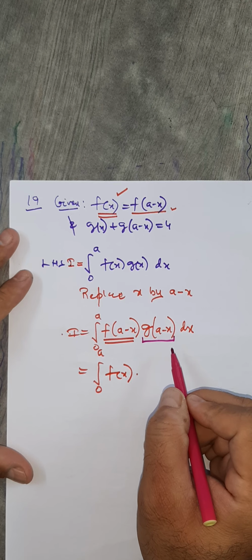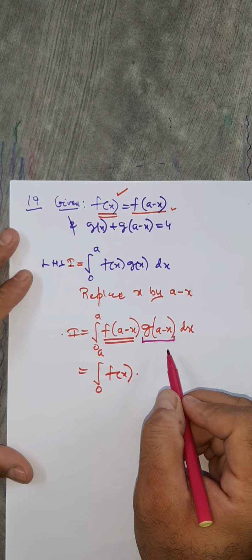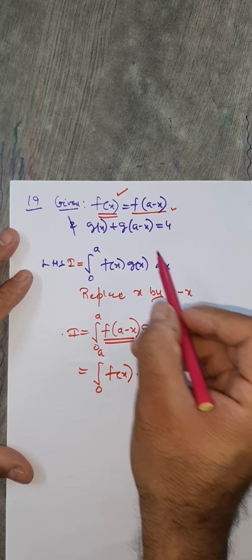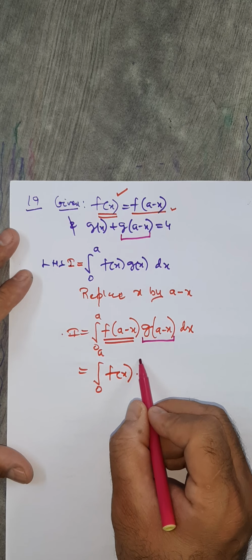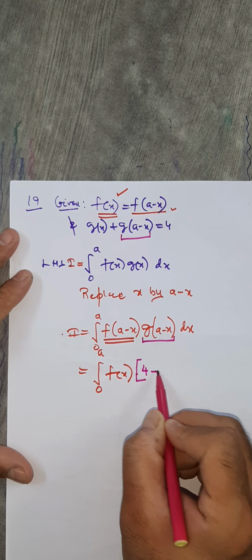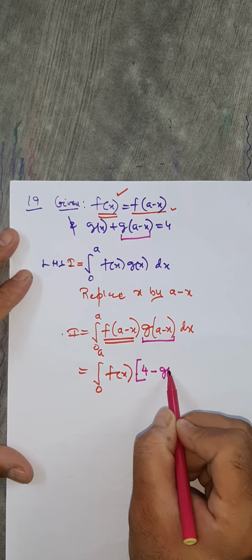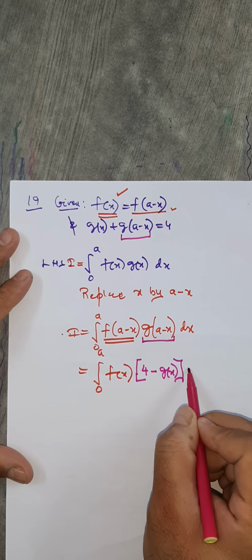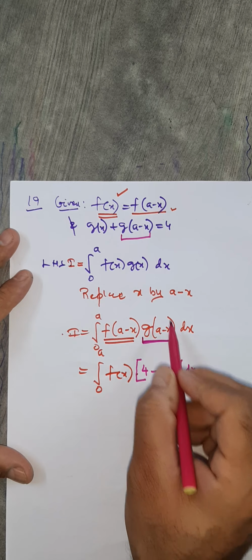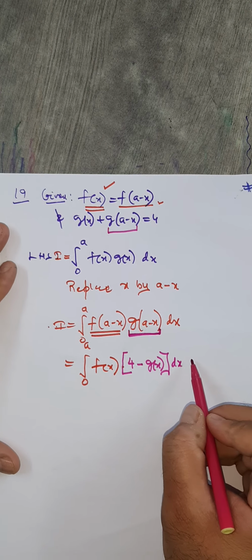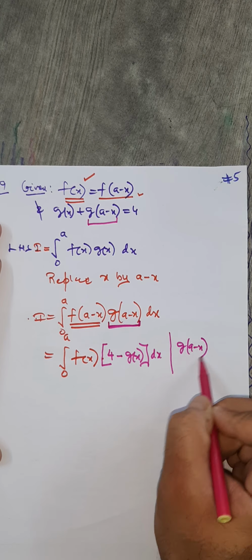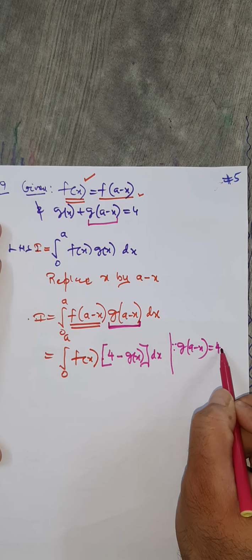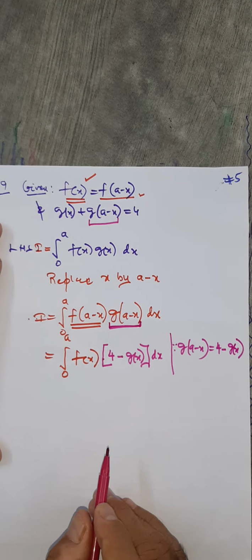I want information about f x only. So here I'll put the value of g of a minus x. What is that? 4 minus g of x. What I did, I placed the value from this. What is g of a minus x from there? It is nothing but 4 minus g of x.